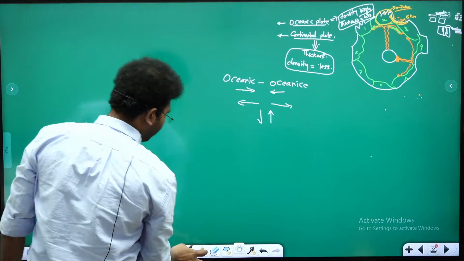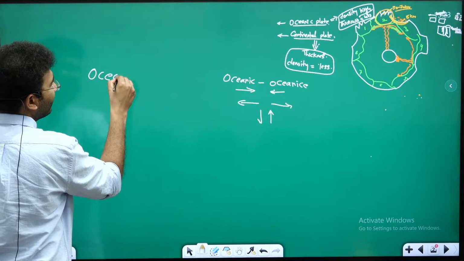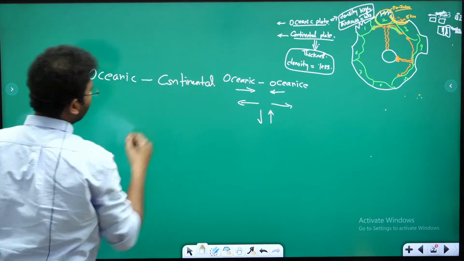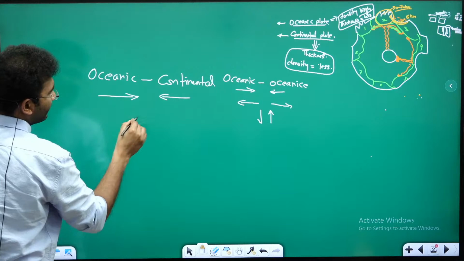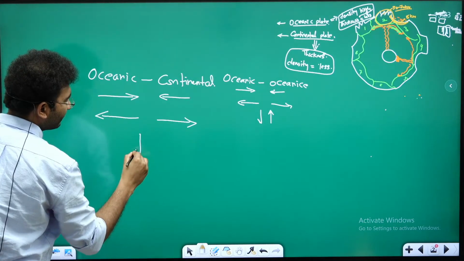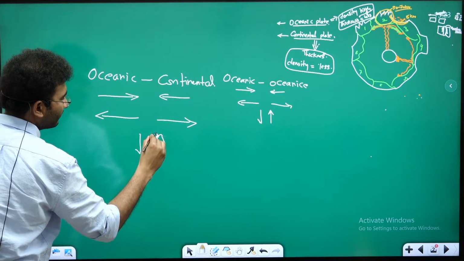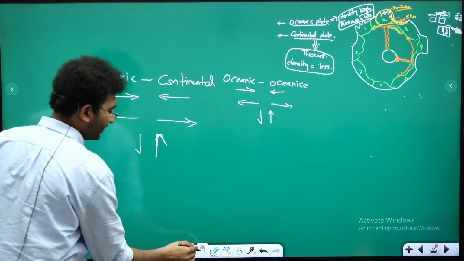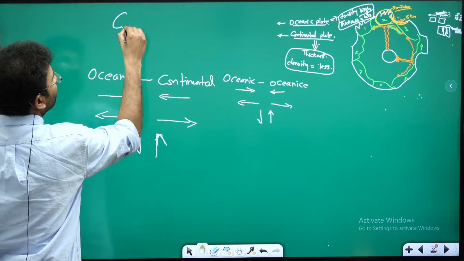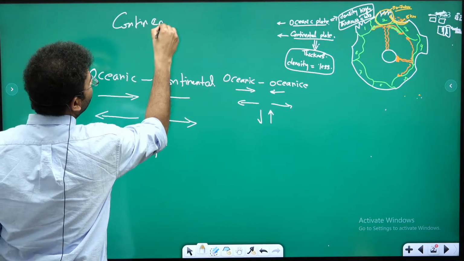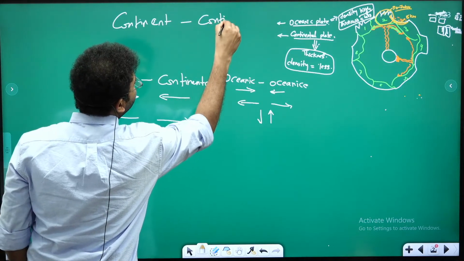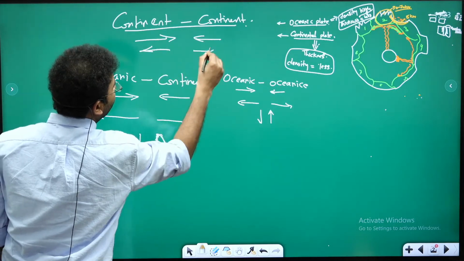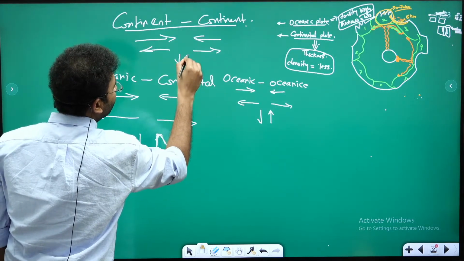There can be oceanic plate and continental plate, and these two plates can converge, diverge, or transform. The other type of interaction is continent and continent. There can be a continental plate and another continental plate, and these two can converge, diverge, or have transform movement.